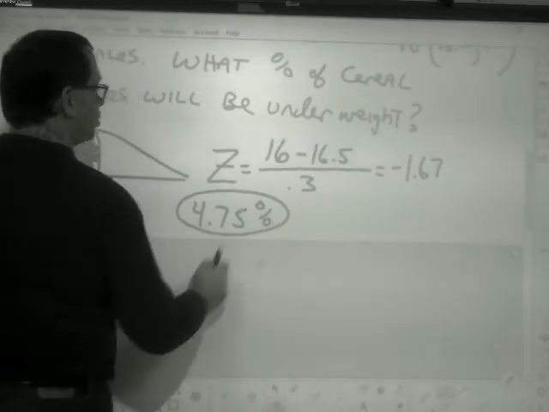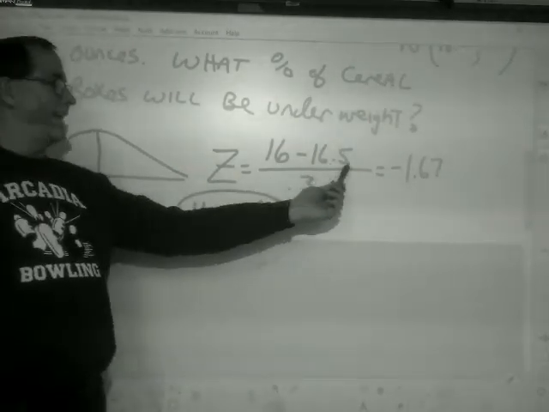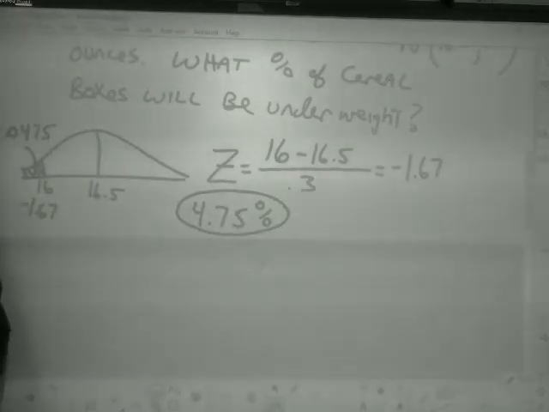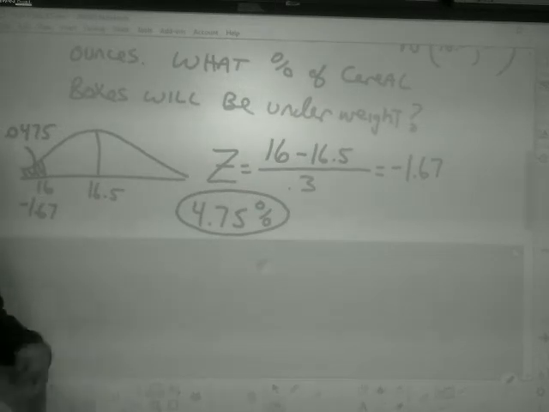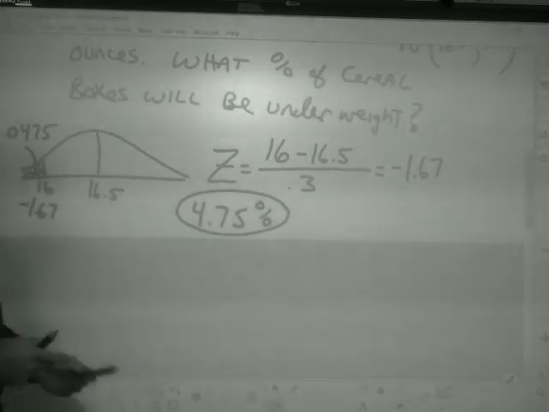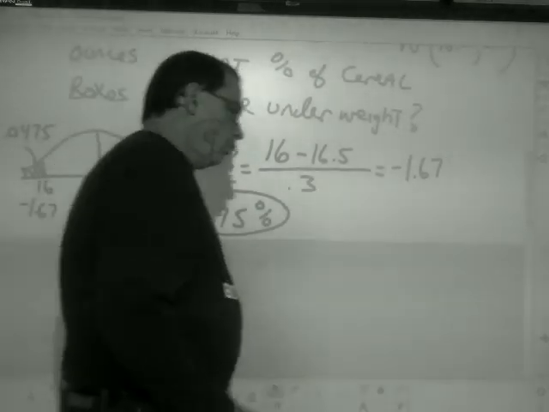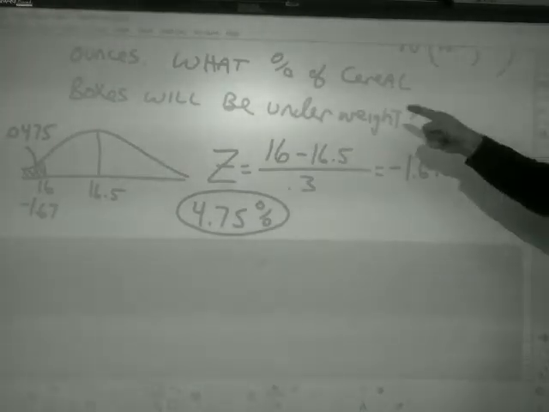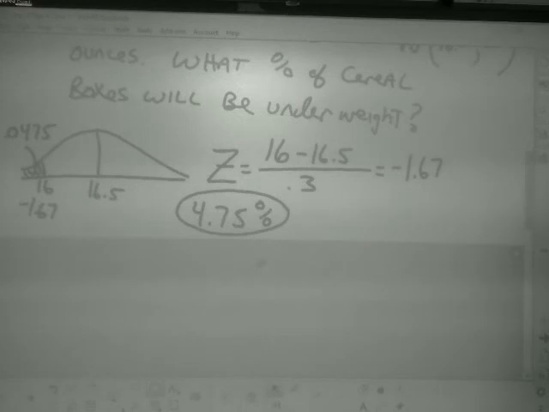So if they set the machine at 16.5 ounces, about 4.75% of the boxes they send out will still be underweight. Almost 5% of their product will have cereal in it less than what they claim on the box. Be underweight, under the 16 ounces claim.